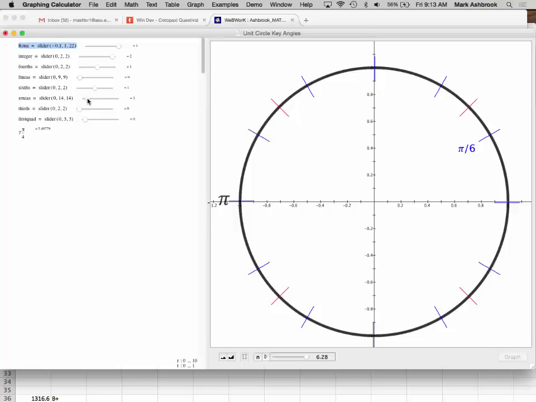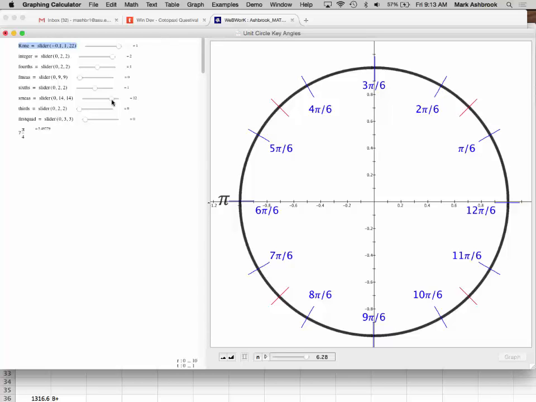Just as long as you know that each quadrant is split up into 3 equal angle measures of openness, the half of the circle is split up into 6 equal, and the whole circle is 12 equal angle measures. And those are pi over 6, and you just need to count. Ready, here we go. 1, 2 pi over 6, 3 pi over 6, 4, 5 pi over 6, 6, 7, 8, 9, 10, 11, 12. So all you have to do is count how many pi over 6s. Just go around the circle and count.